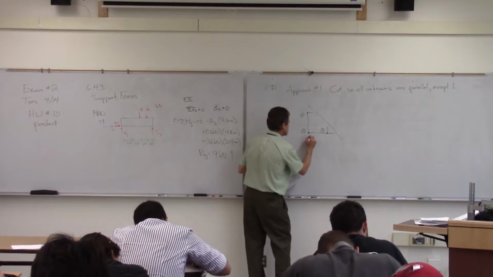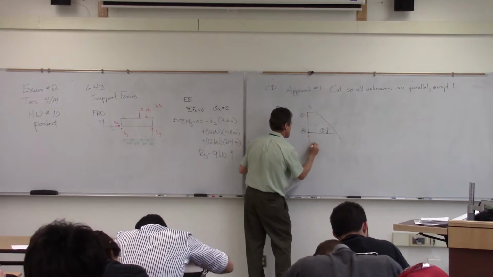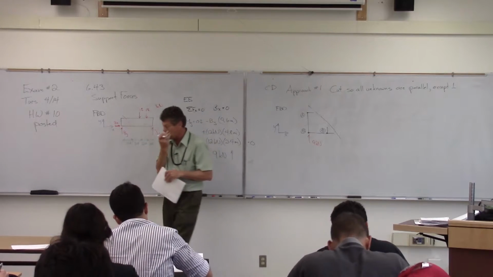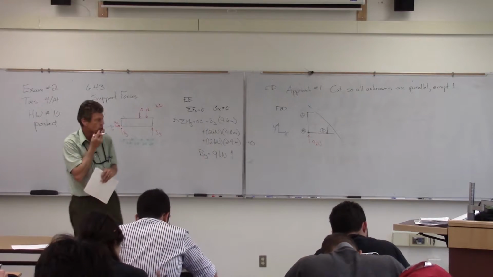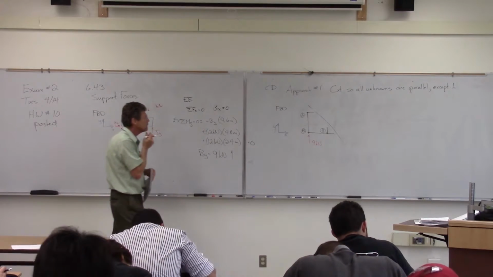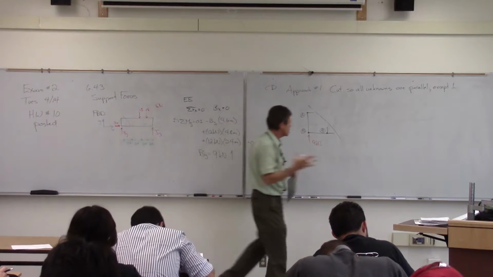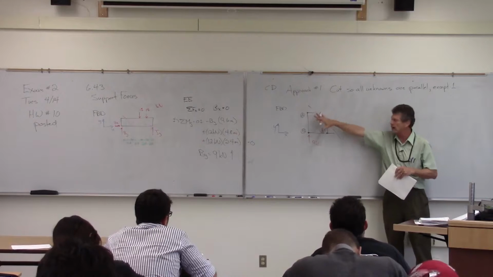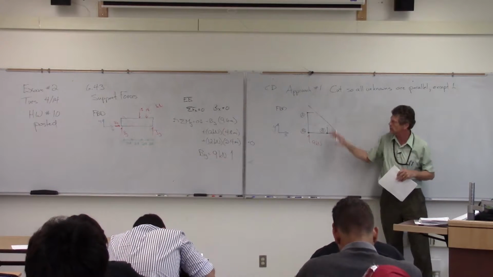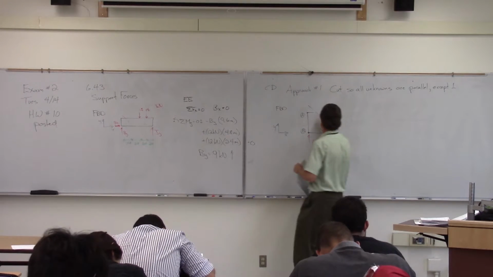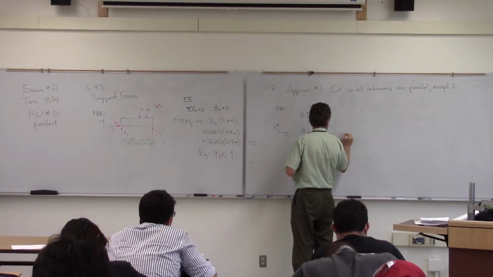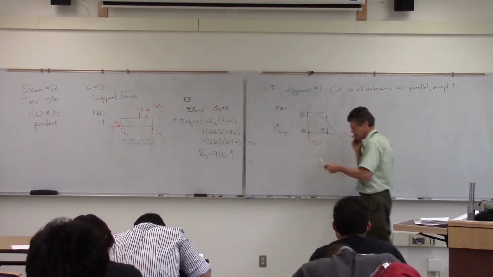Now, I just got done solving for the reaction at B, so I can put that in now as a known force. By virtue of cutting these members, I have to supply the forces they're providing to this piece of the truss here. Per your author's approach, he said to draw a member in tension.